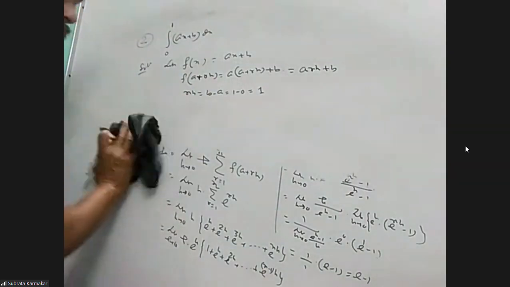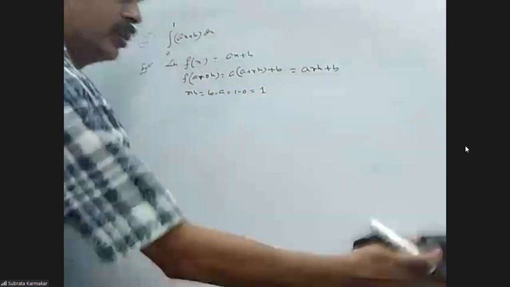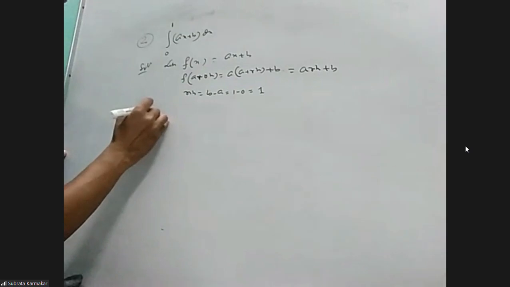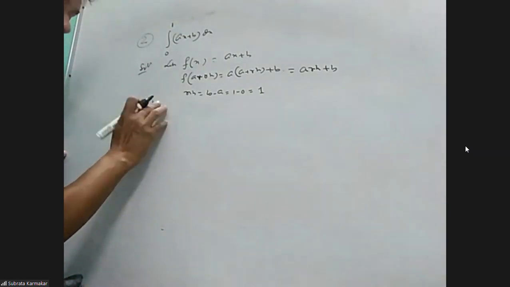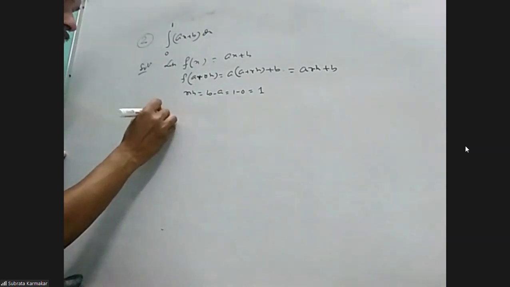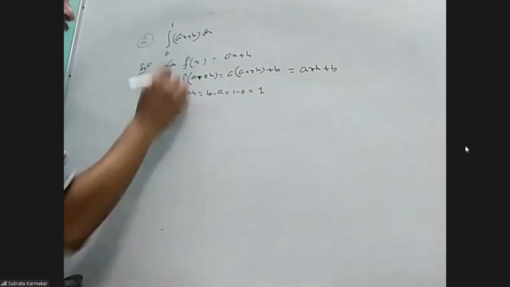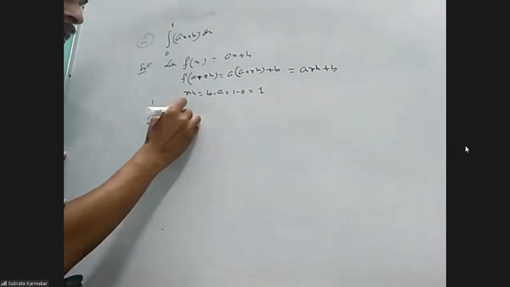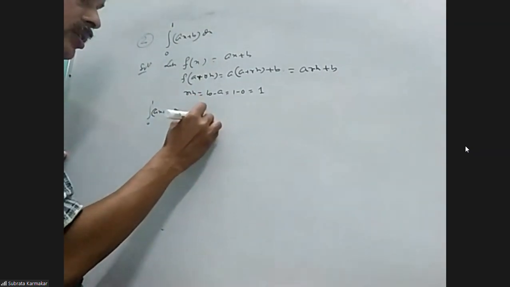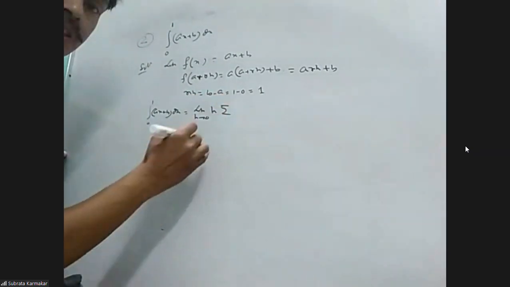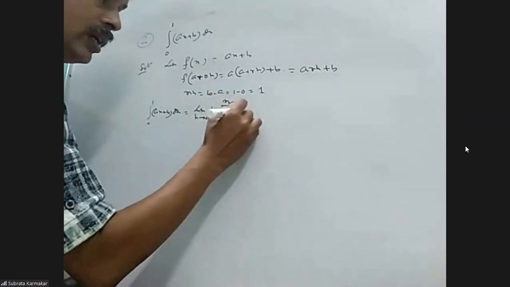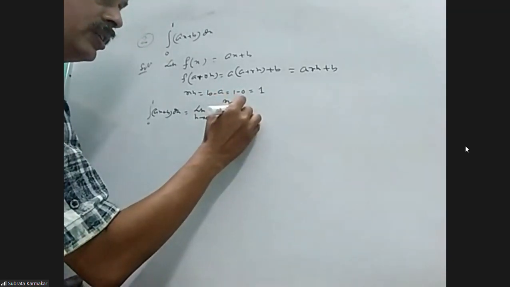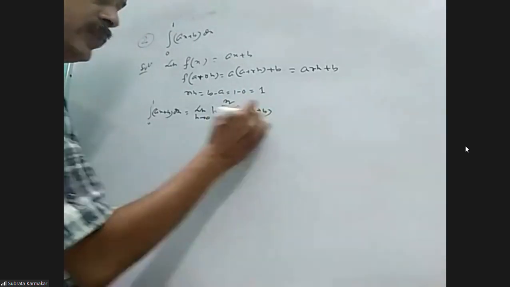Now, the integration from 0 to 1 of (ax + b) dx, first part. By definition, we can write the limit as h tends to 0 of h into the summation over r from 1 to n of f of a plus rh, that is a rh plus b.